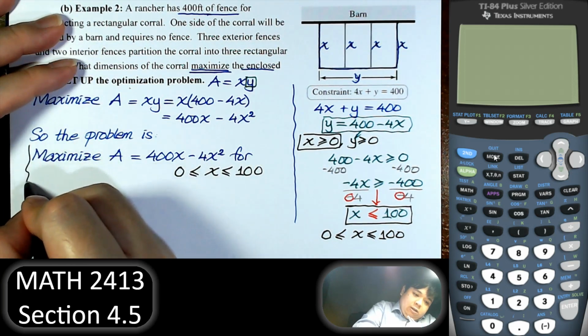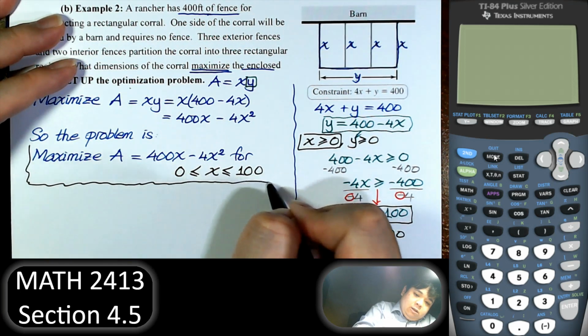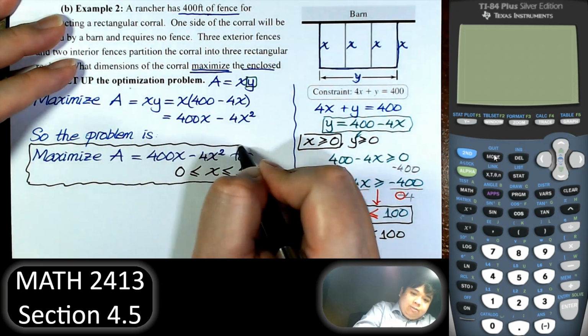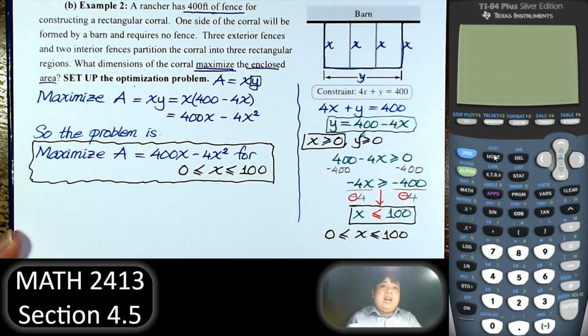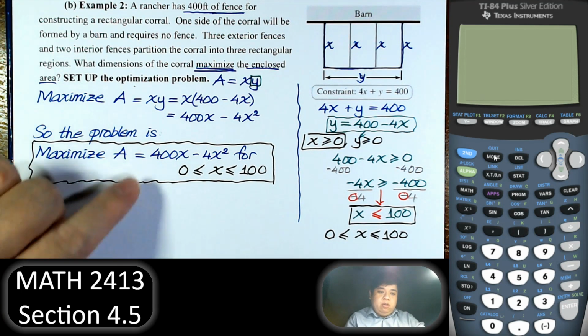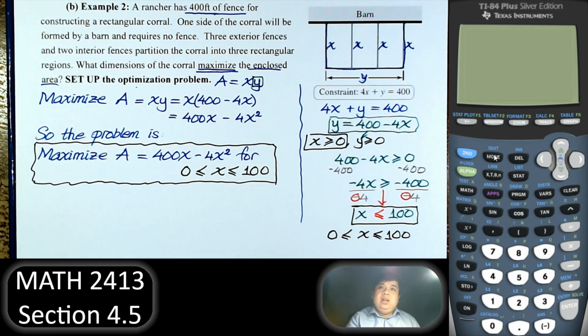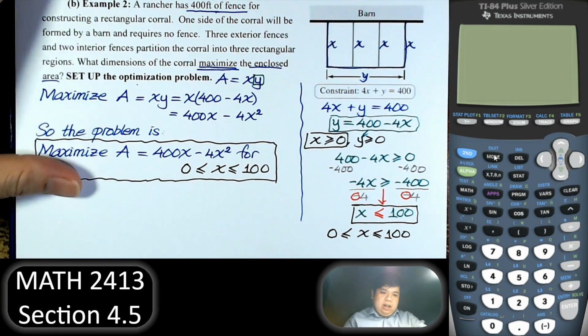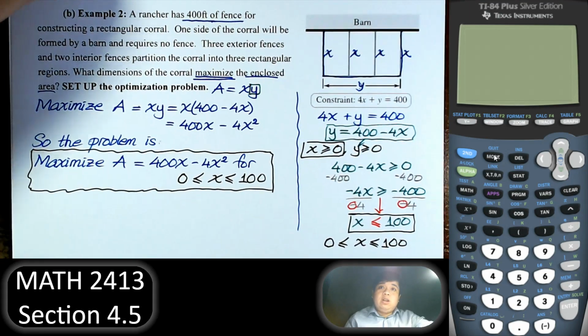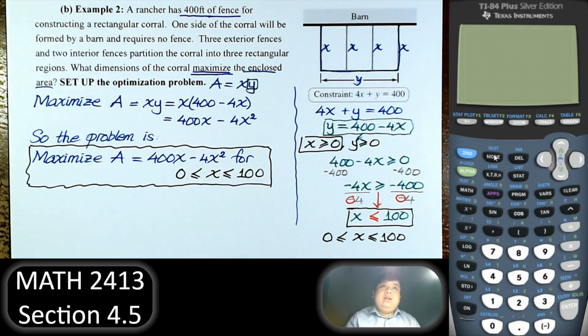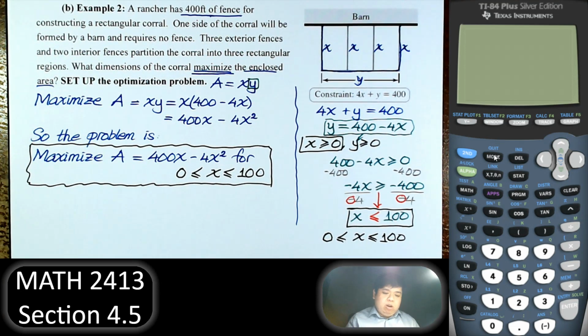So that is our problem. I'm not going to solve this because we just need to set up this problem. This is exactly like what we did earlier: find critical points, put them in the table for this function, and try to find the maximum. We should know how to do that. The focus in this section is, of course, how to set up the problem. So we just try to go over a few more examples, if possible.